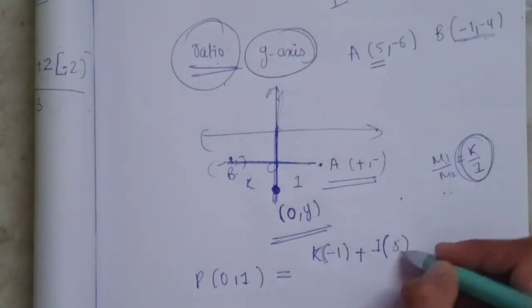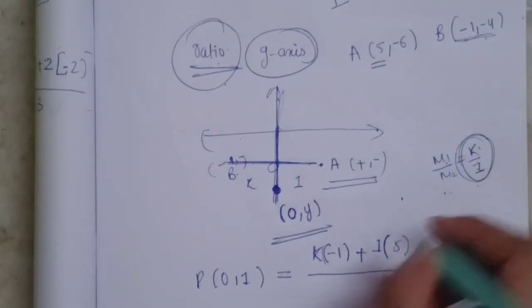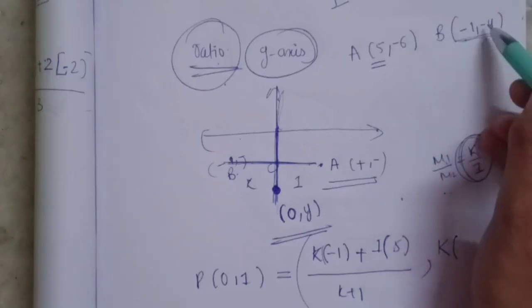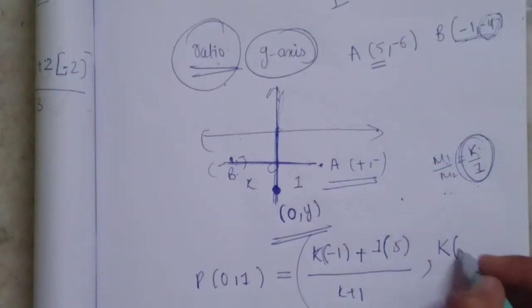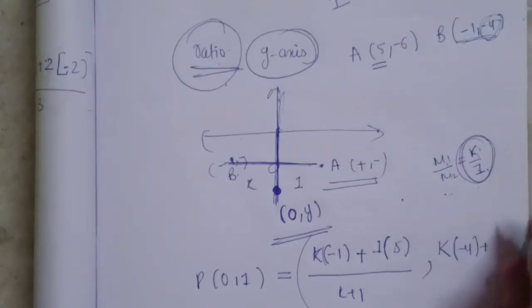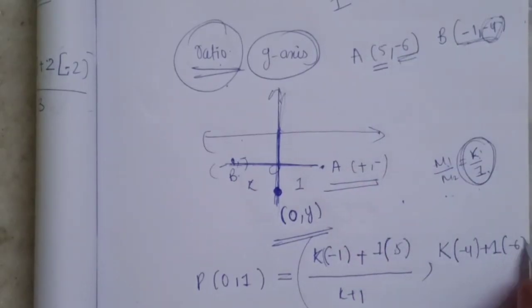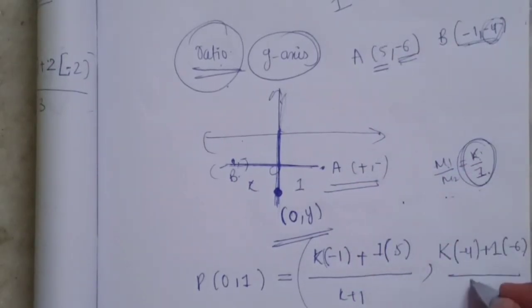X1 is 5, by M1 plus M2, k plus 1, comma. Similarly, M1 y2. Y2 is minus 4, plus M2 is 1 and y1. Y1 is minus 6, by M1 plus M2, k plus 1.